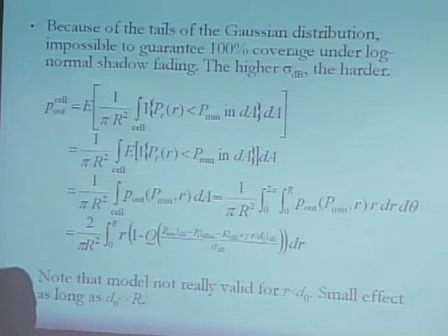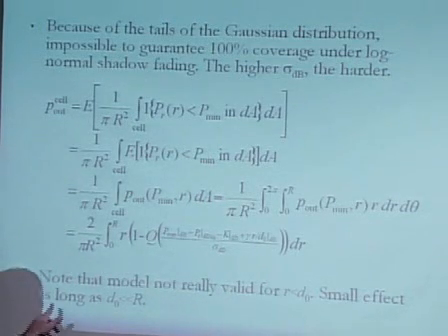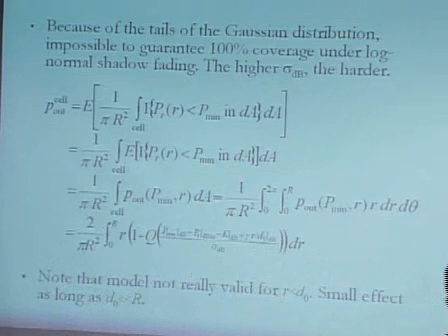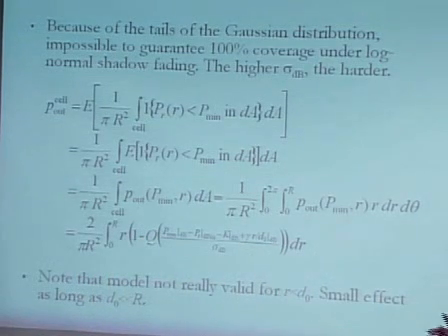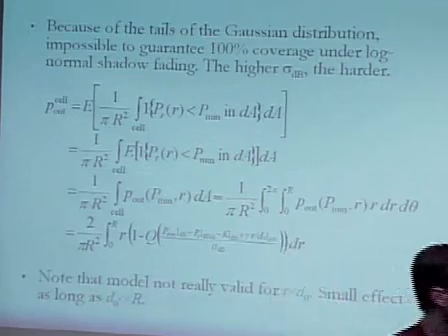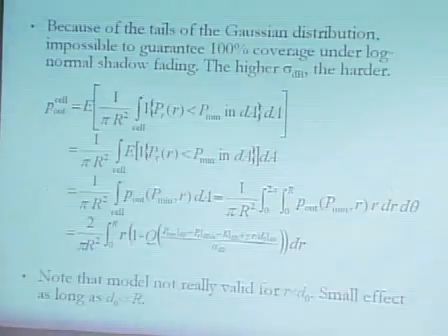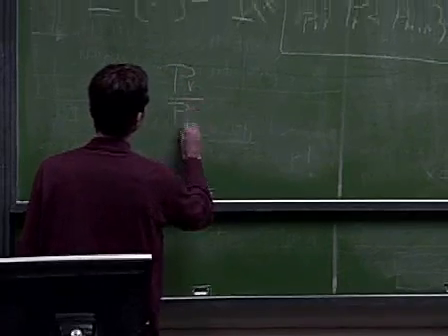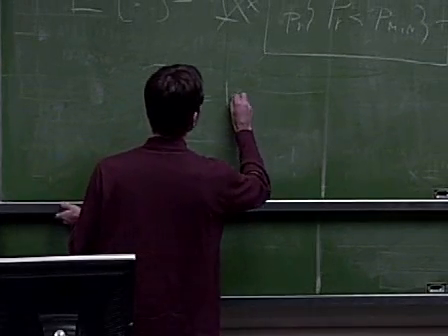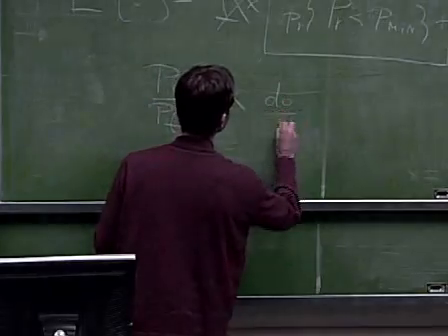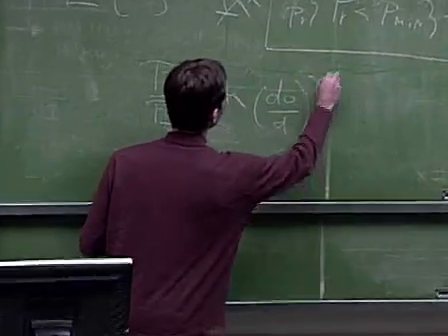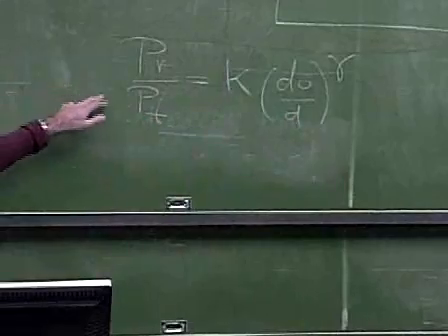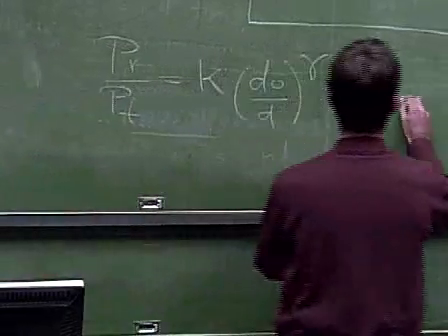Now, there is a footnote here. You may or may not remember the model we're using for the path loss, so let me write it again: PR divided by PT equals K times d0 over d to the gamma. This model is only bounded when d is bigger than d0.